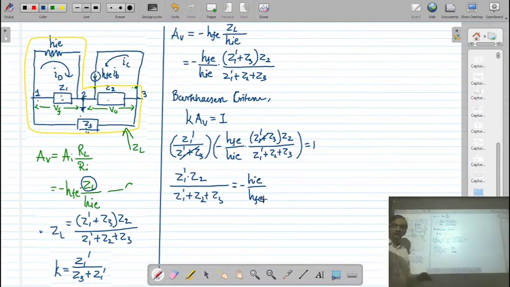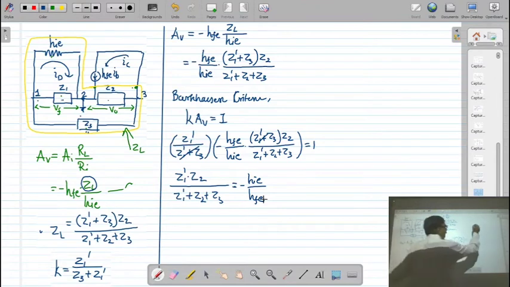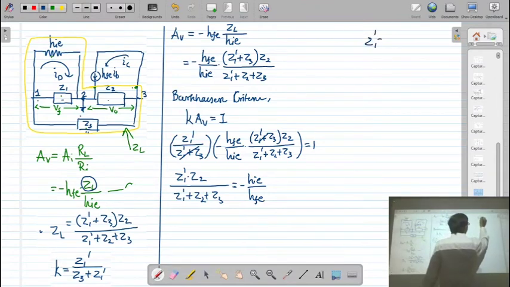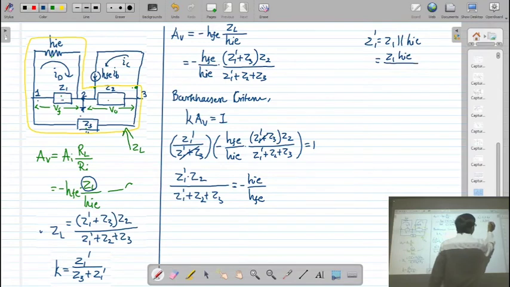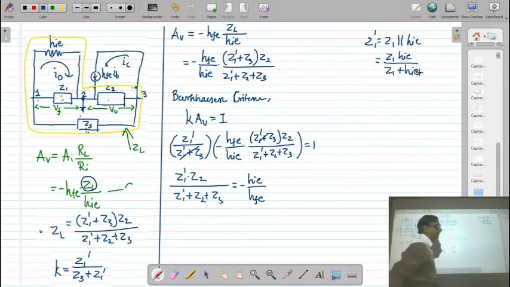Here, now we will put what is Z1 dash. So Z1 dash, already you know, it is a parallel combination of Z1 and hie. So this thing we can write as Z1 into hie divided by Z1 plus hie. Correct?